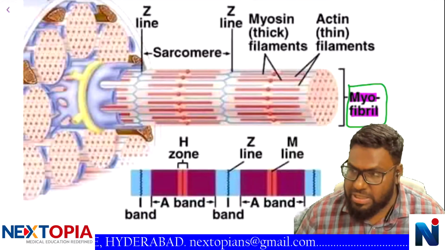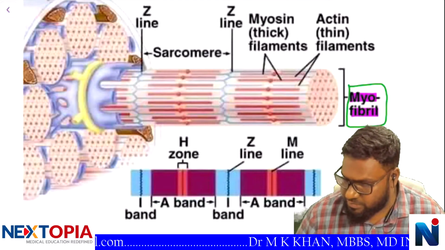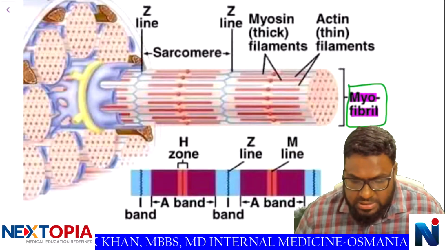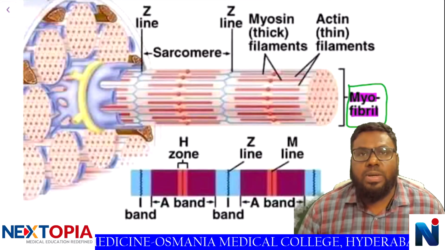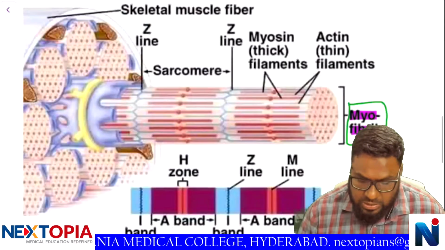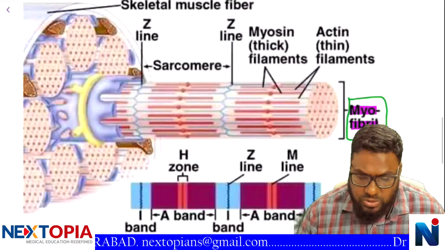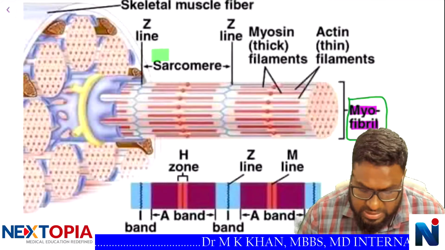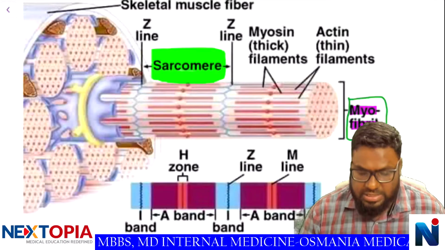So each fiber consists of multiple myofibrils. What is the structure of a myofibril? A myofibril can be subdivided into individual sarcomeres. So each myofibril, you can divide into individual sarcomeres. Where is the sarcomere? I'll highlight it now. This is the sarcomere.